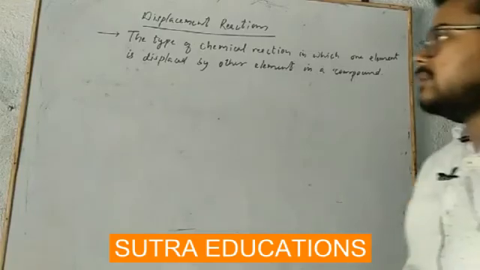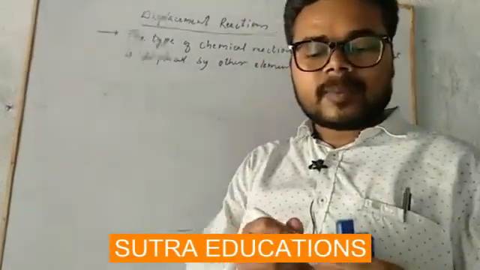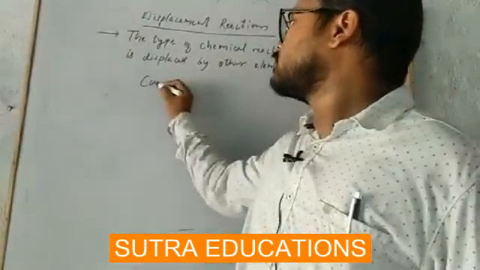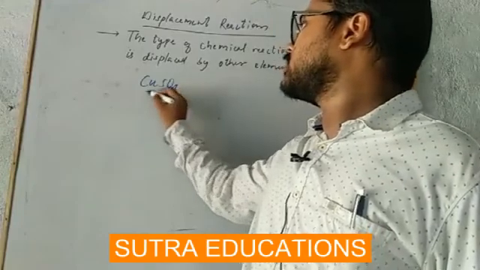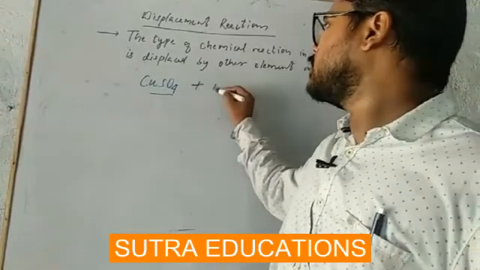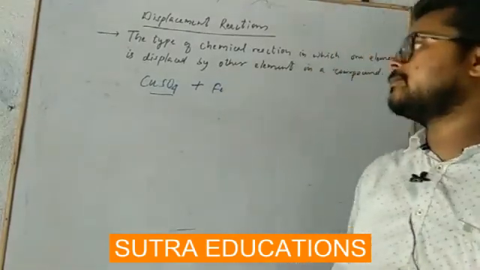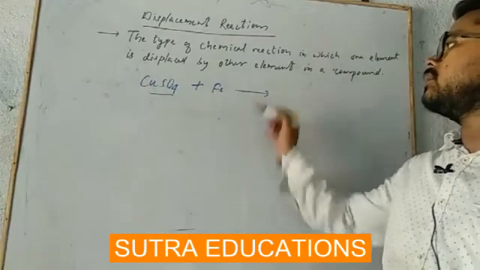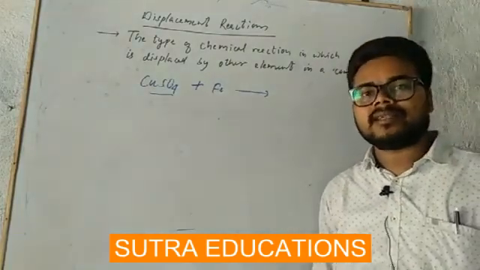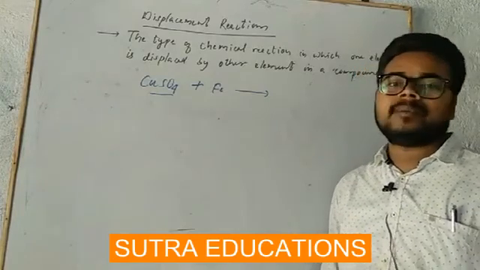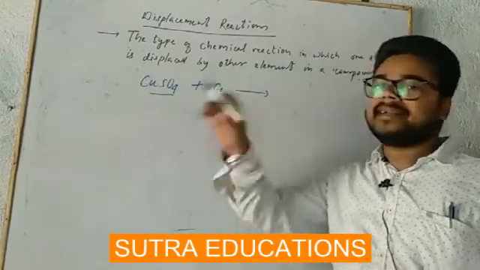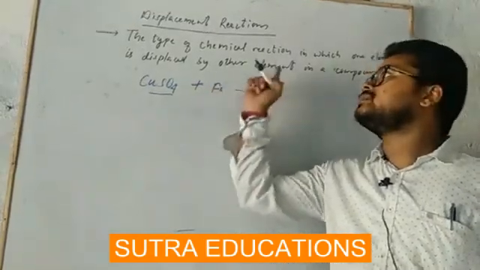For example, it is copper sulfate, and when you react this copper sulfate with iron, now we have to simply use the reactivity series which I gave you during this displacement reaction.